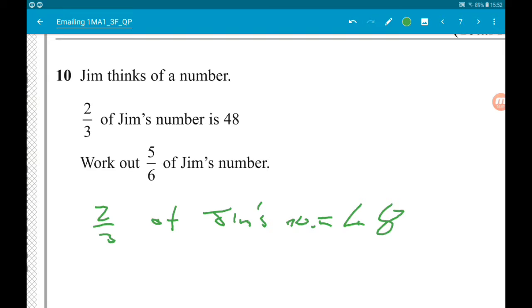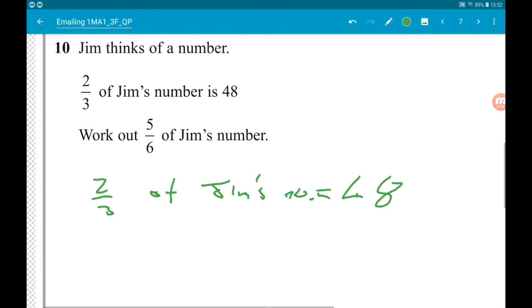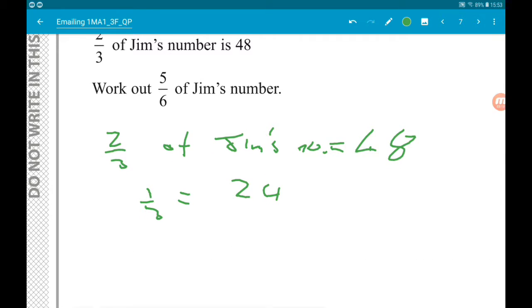What we need to work out first of all is what 3/3 is, so the whole number. So we can work out what 1/3 is by dividing by 2. So 1/3 is equal to 24. So Jim's number is 3 times 24, which is 72.